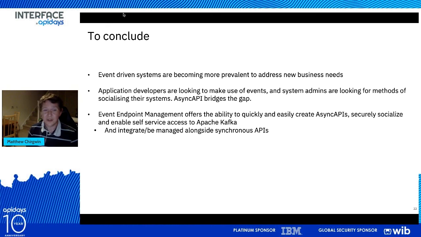Equally, admins are trying to share these systems but don't have a good way of doing that. AsyncAPI has come along and has really bridged that gap. And with the addition of event endpoint management, we allow you to quickly and easily create and maintain async APIs. And with the combination of the developer portal and event gateway, you can then securely socialize those and provide self-service access to Apache Kafka, along with potentially synchronous APIs as well.